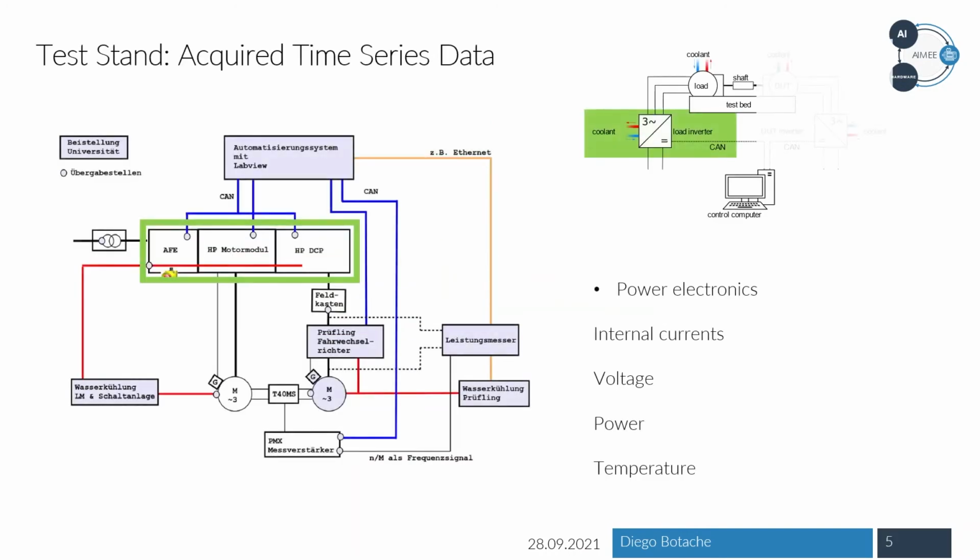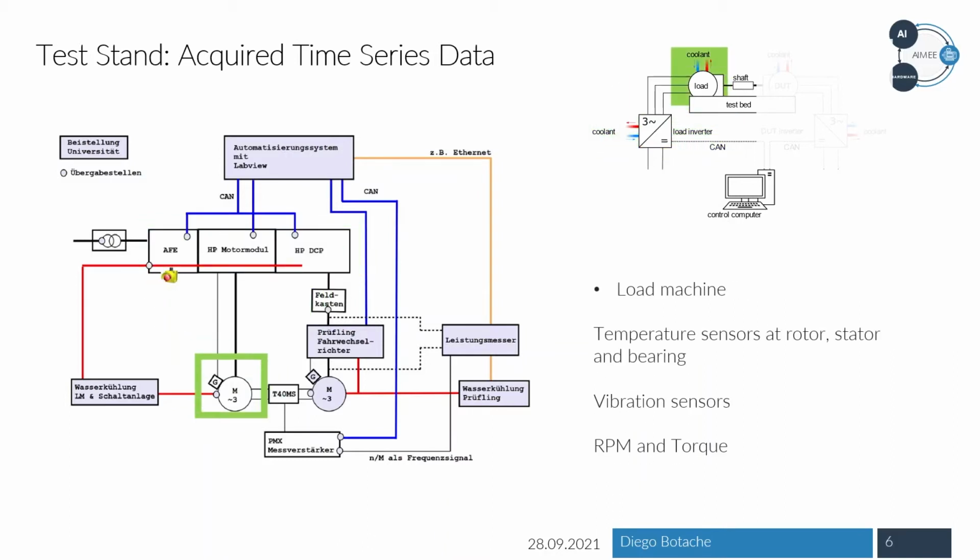In the following scheme, I want to provide you some of the data that is acquired from the test stand and some of the devices available in the test stand. From the power electronic side, we have some internal currents, voltage, power, and temperature sensors. We also have at the load machine some temperature sensors at the rotor, stator, and bearing, also vibration sensors and RPM and torque.